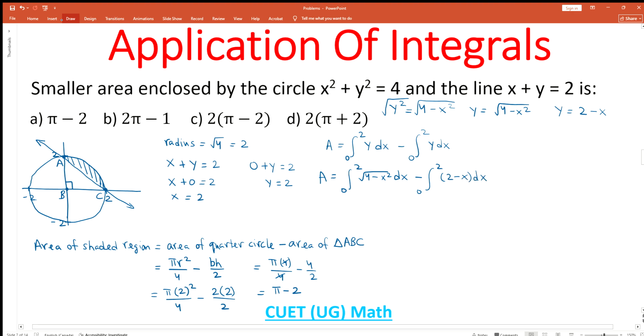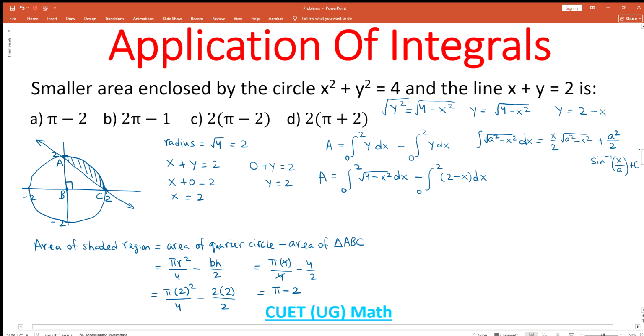Now we can calculate these two definite integrals. For the integral of square root of 4 minus x squared, we can use the formula: the integral of square root of a squared minus x squared is equal to x over 2 times square root of a squared minus x squared plus a squared over 2 times sine inverse x over a, plus the integration constant c.